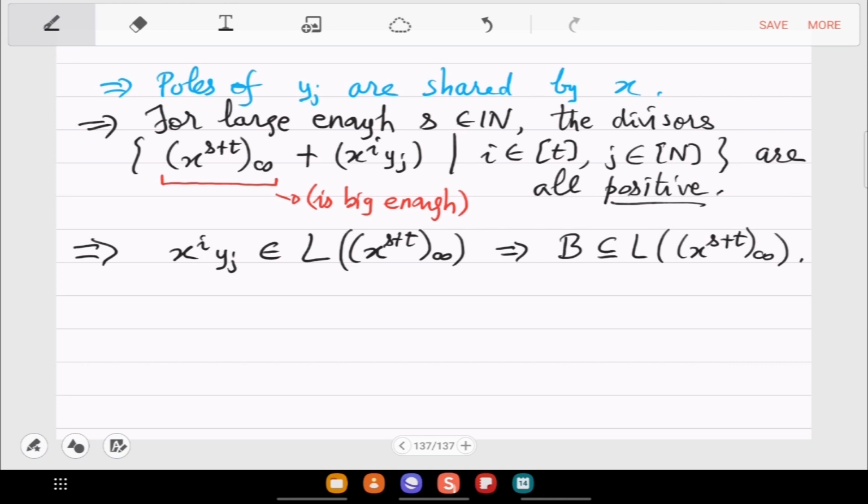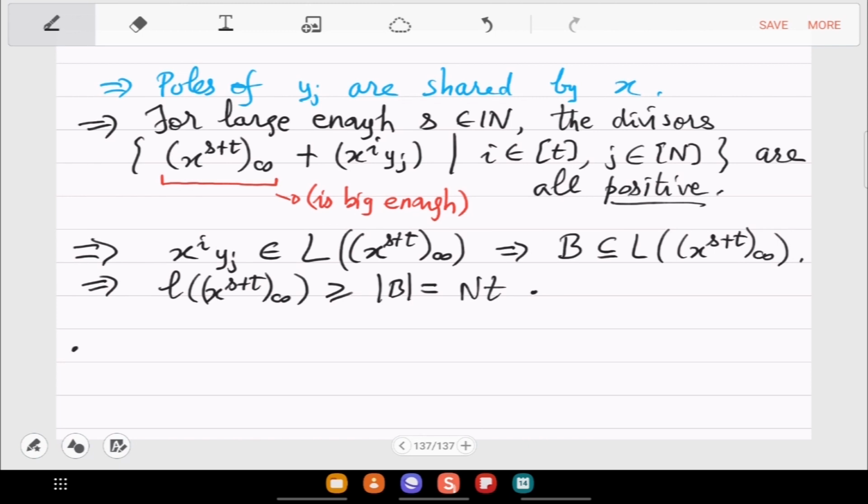That lower bounds the L sheaf dimension. So this means that the L of this is greater than or equal to the size of B, which is NT. So we have a lower bound on the L sheaf of this divisor.